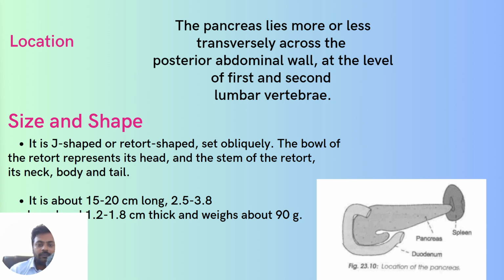It has a head, neck, body and tail. It is about 15 to 20 centimeters long, 2.5 centimeters broad, 1.2 centimeters thick, and weighs about 90 grams. The pancreas is divided into four parts: head, neck, body, and tail.